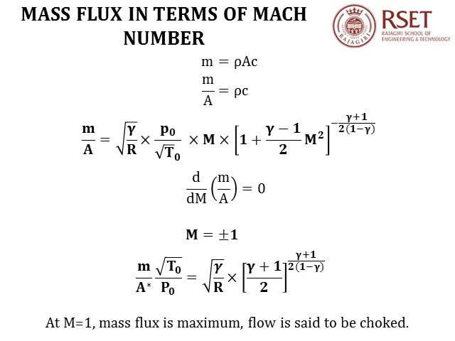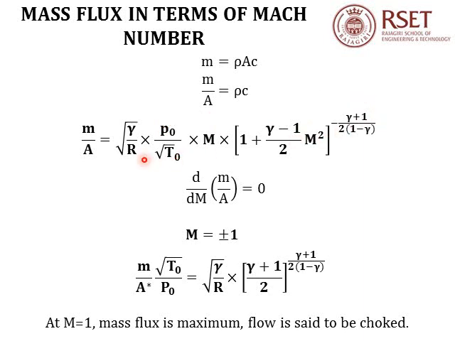When we divide it by the cross-section area A, we get the mass flux, which is equal to rho multiplied by C. If we substitute the relations connecting the static condition with the stagnation condition, we will be able to obtain the mass flux in terms of Mach number as given by the equation shown here.